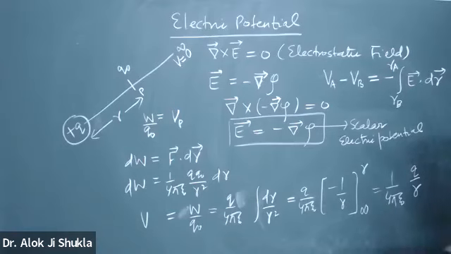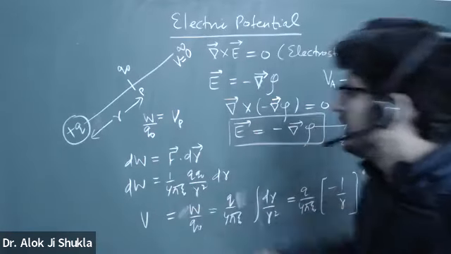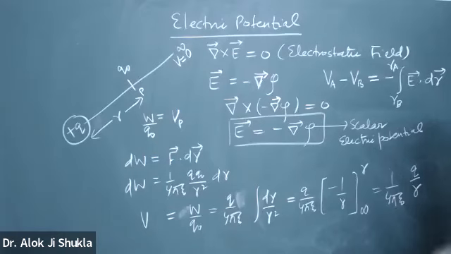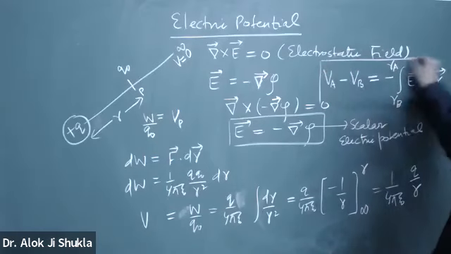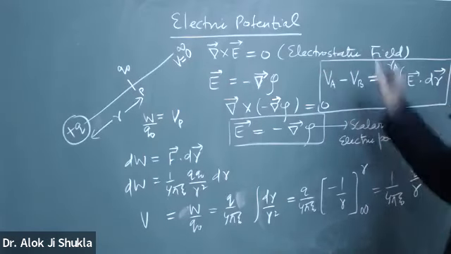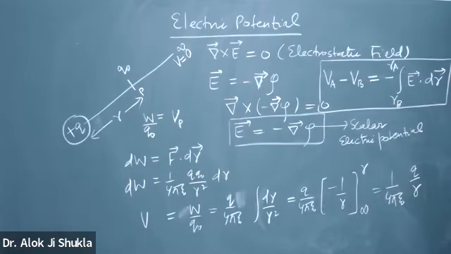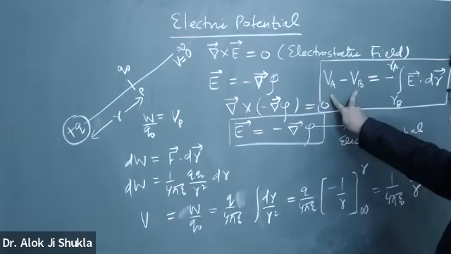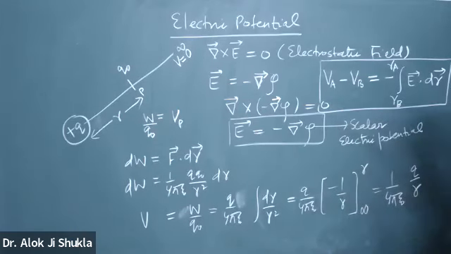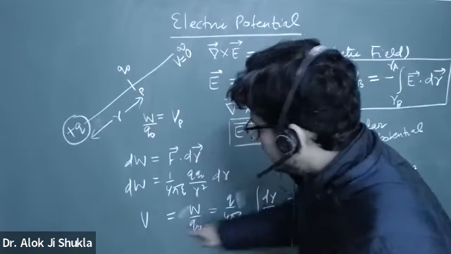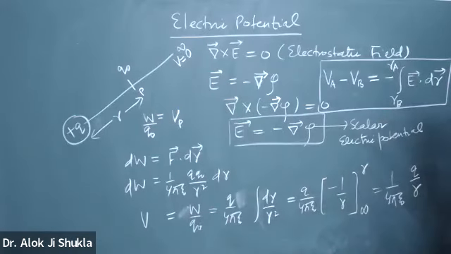Because यहाँ पे जो force लिखा था, इसका Q naught इस तरफ कर लिया तो field ही तो बन गई, right? So this is the definition of potential difference. ये note कर लो. So अगर potential difference को q से multiply कर दिया जाए तो work done आ जाएगा. If potential difference is multiplied by charge, then you will get work done.